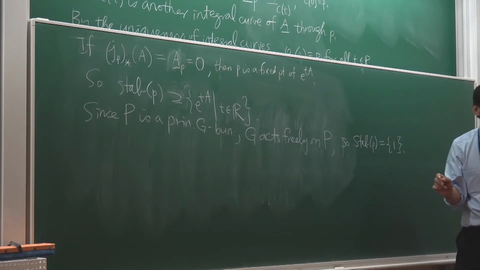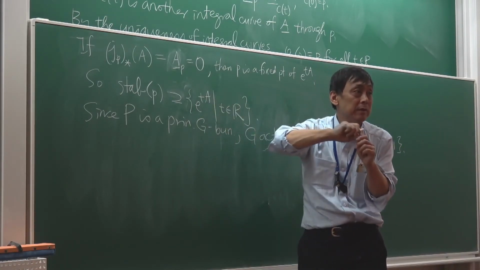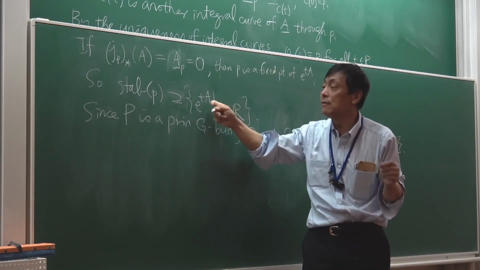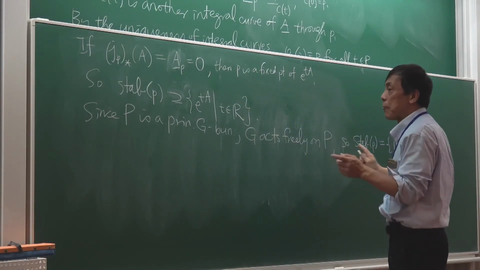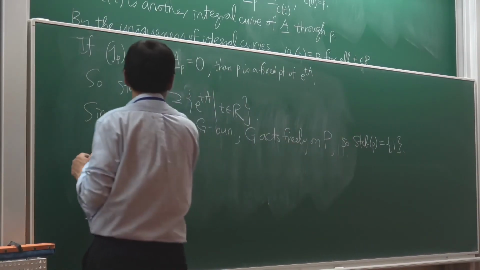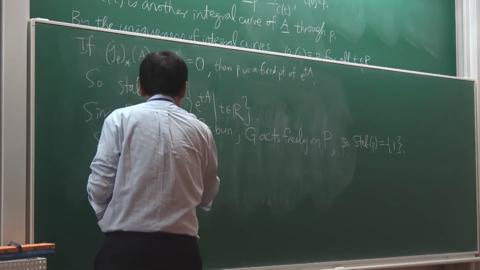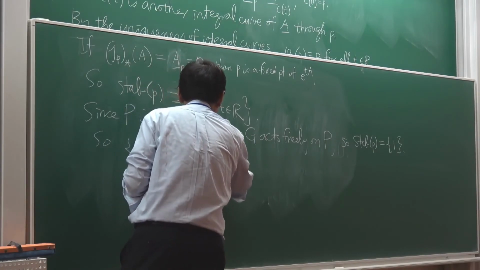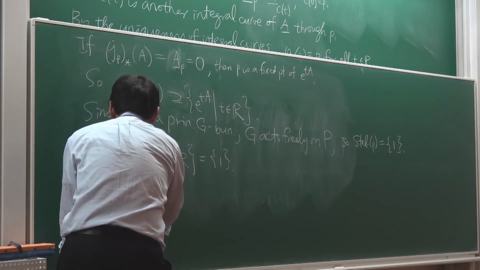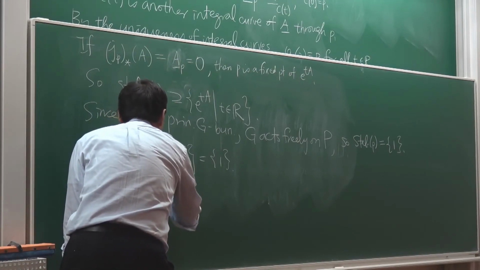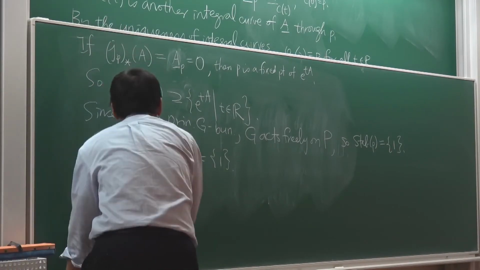And if A is not 0, you get a whole curve. So e to the TA has to be just the identity, and the only way that is possible is when A is 0.